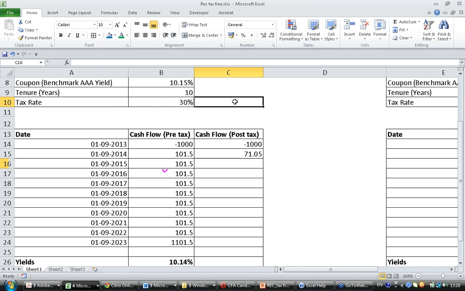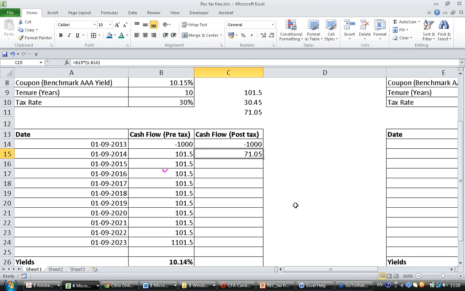Why do we say so? Remember, if you receive 101.5 as coupon and pay 30% tax, you are likely to pay 30.45 as tax. So you received 101.5, amongst that you paid a tax of 30.45. So your net post-tax income is 71.05.